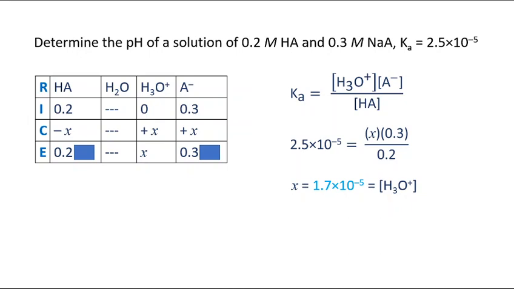And so in this problem, we're asking you to solve for pH. So the last step we're going to be exploring here is what is the relationship between pH and our hydronium ions. And so it's that lovely equation, pH equals negative log of your hydronium ions, to give you the pH here of 4.8.